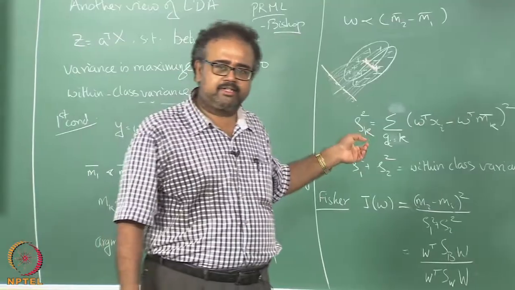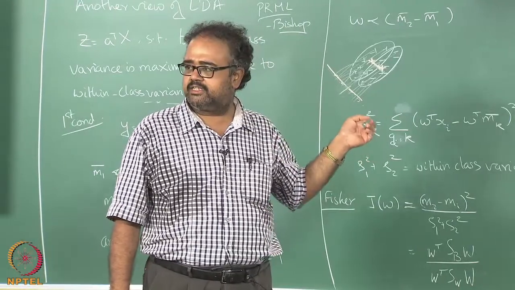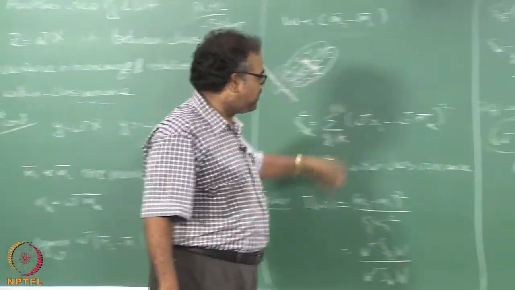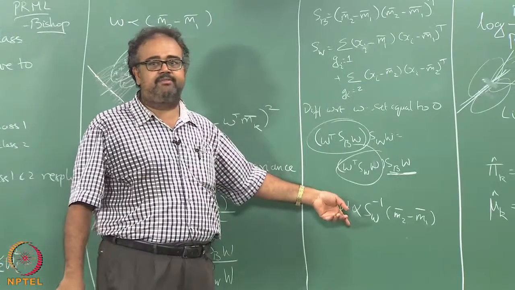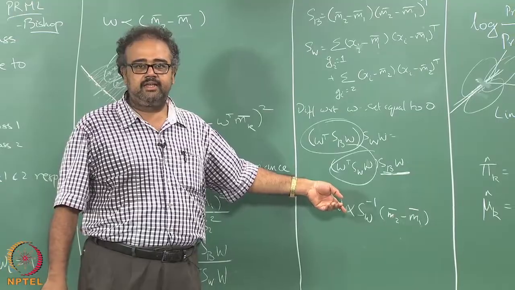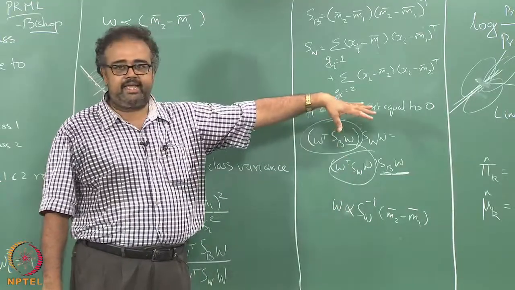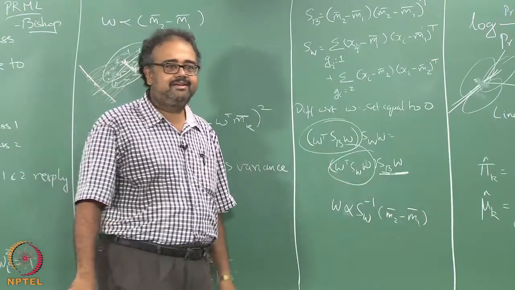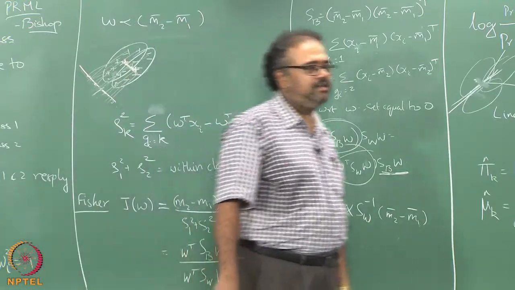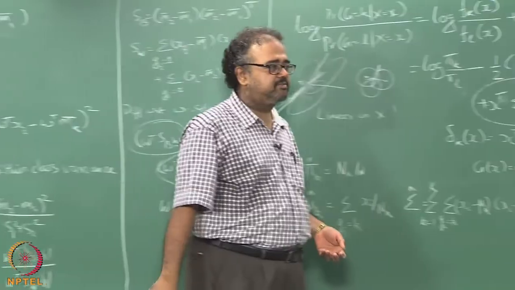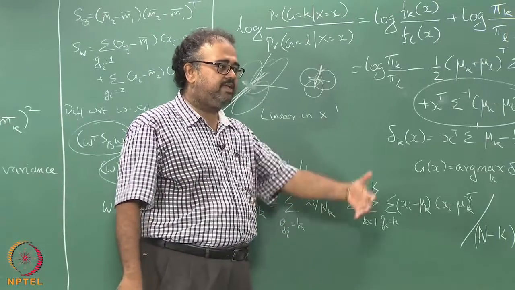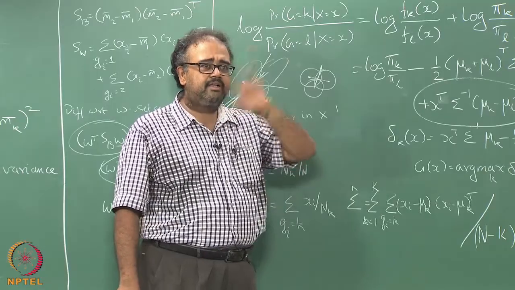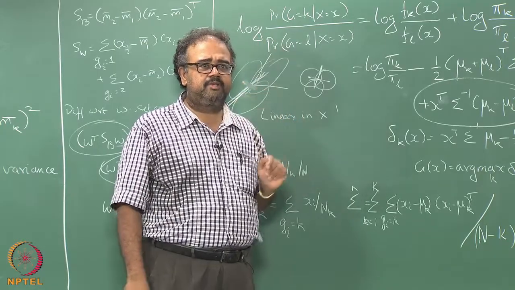We did not make any assumption about the class condition distribution. The Gaussian assumption is missing here, and we worked only with sample means and sample variance and so forth, right. So it just tells you that LDA does not work only when the distributions are Gaussian. Even when the underlying distribution is not Gaussian, there is actually a well defined semantics to doing LDA, right. People are with me on that so far?